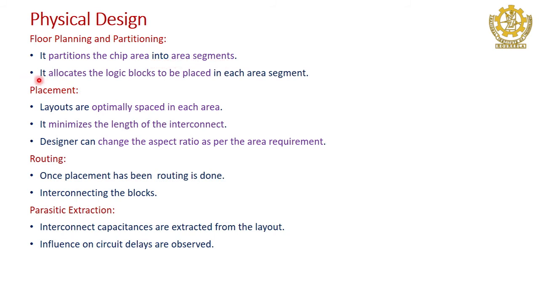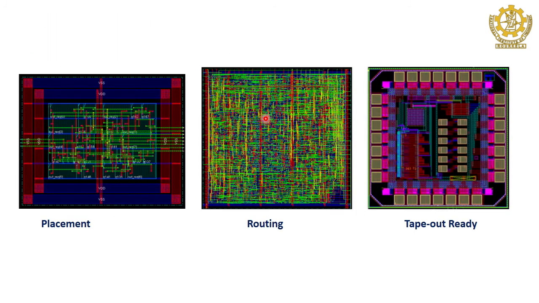It allocates the logic blocks, like you know that ALU is a block, register is a block, shifter is a block in a data path. Whatever area is given, sometimes it is called aspect ratio. Depending upon the aspect ratio, your W and L, there will be a certain area.